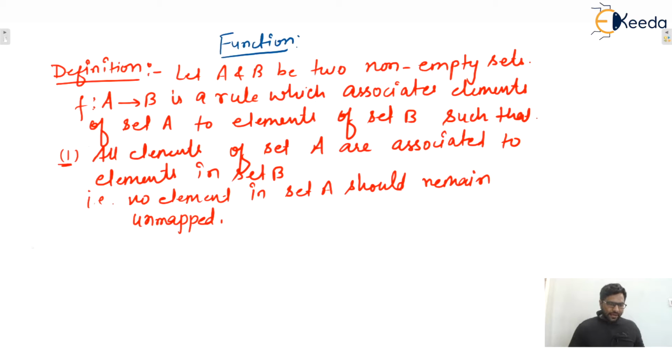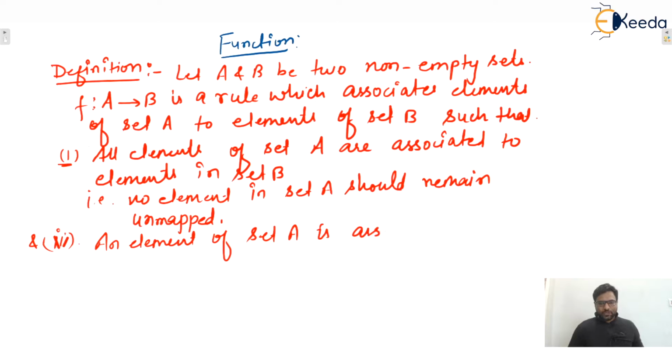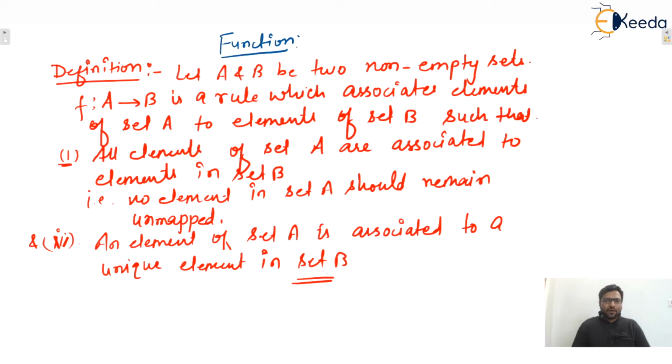And together with that, the second condition is that an element of set A is associated to a unique element in set B. So that is the definition of a function.